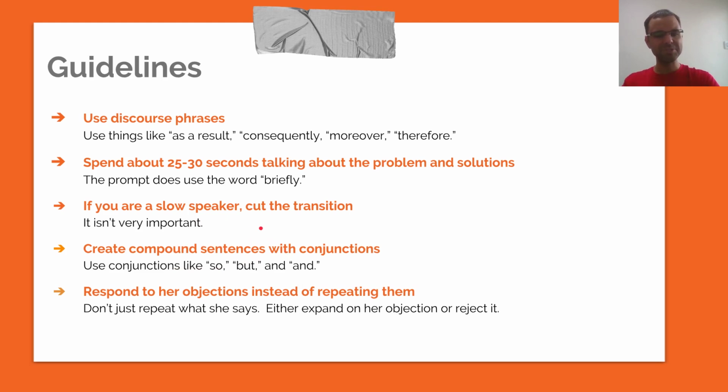Use some compound sentences with conjunctions like so, but, and. And as I said, you should respond to those objections instead of just repeating them. Use your brain a little bit here. You're not just repeating stuff like in all the other integrated speaking questions.